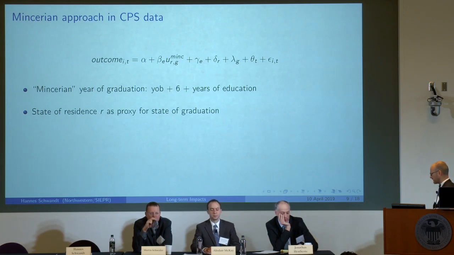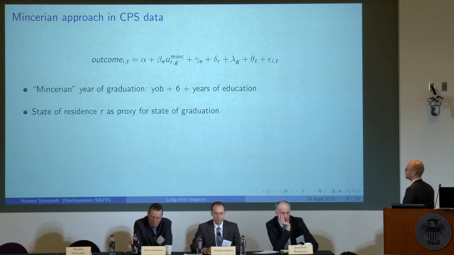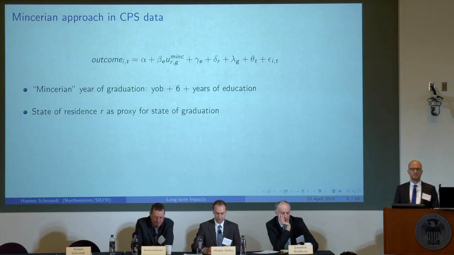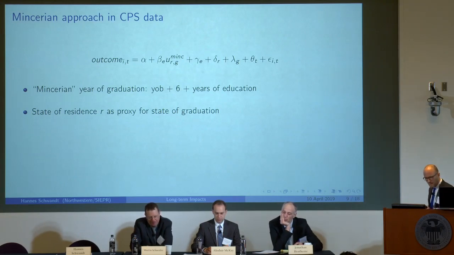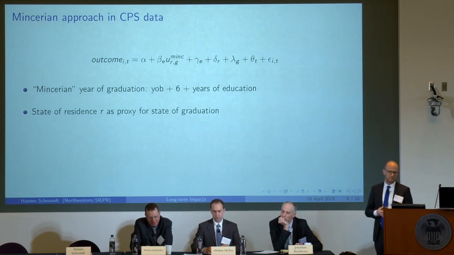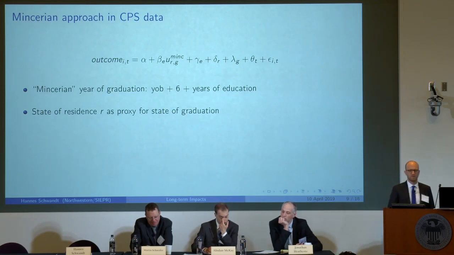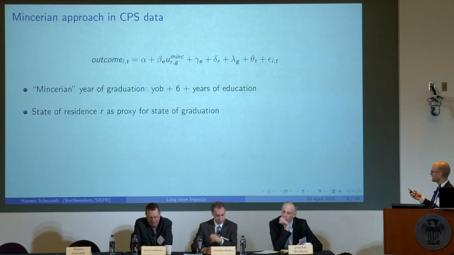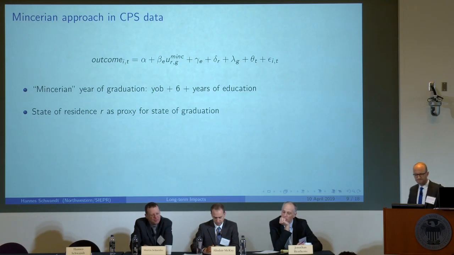So we have two different approaches depending on the data set we use. First, in the CPS data, we use what we call the Syrian Approach. There we use the years of education that people report to construct the Syrian year of graduation as the sum of year of birth plus 6 plus years of education.